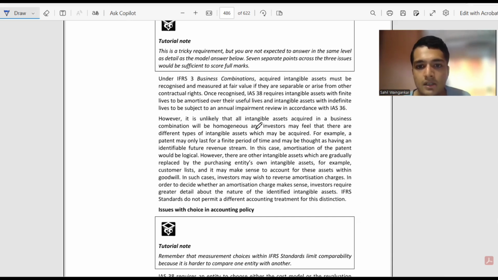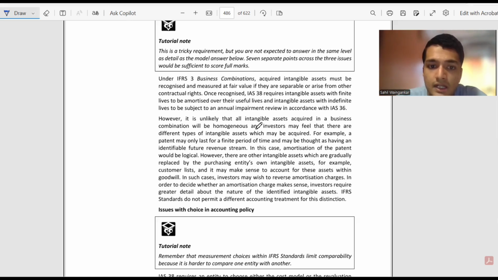However, there are other intangible assets which are gradually replaced by the purchasing entity's own intangible assets. For example, customer lists, and it may make sense to account for these assets within goodwill. In such cases, investors may wish to reverse amortization charges in order to decide whether an amortization charge makes sense.